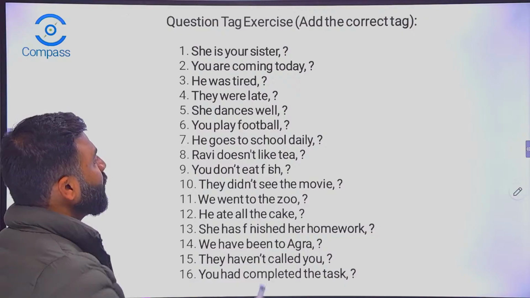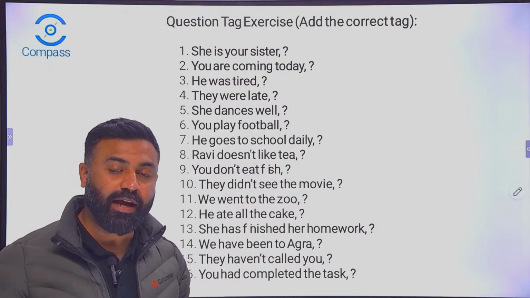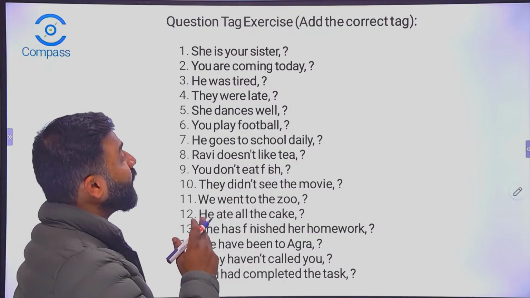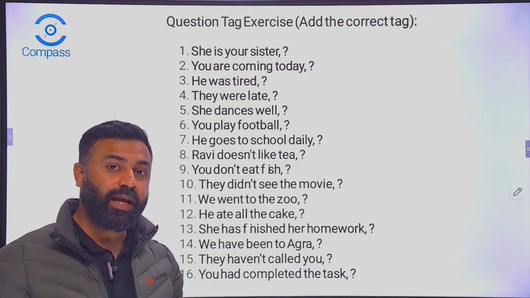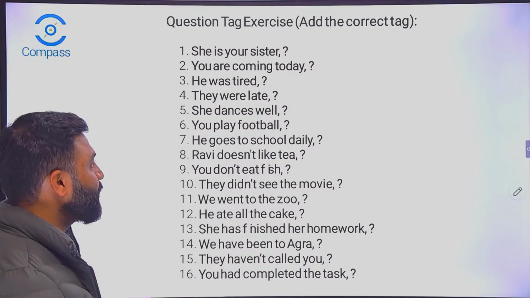Okay, then we have, she dances well. Now in this sentence, we do not have any auxiliary verb. You try. Identify the tense and then as per the tense, use the correct question tag. Come on. She dances well.